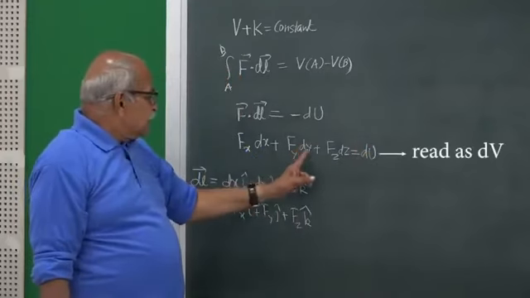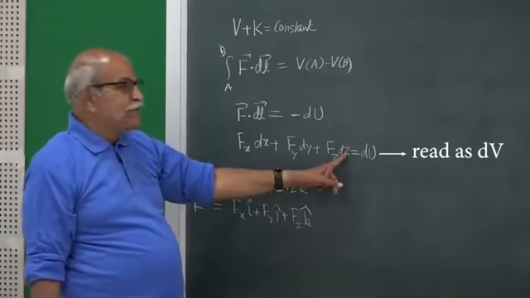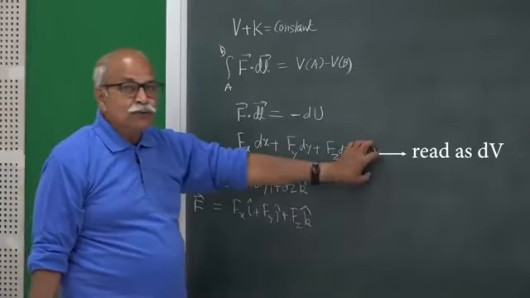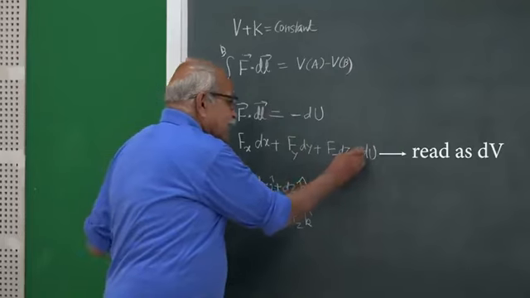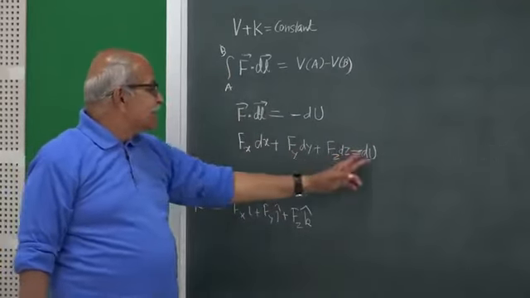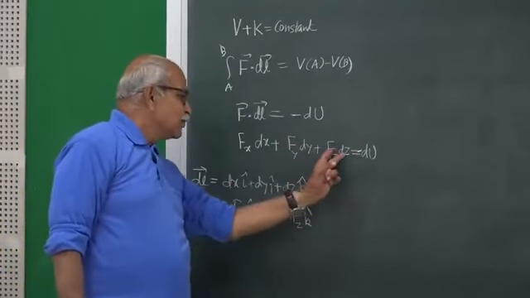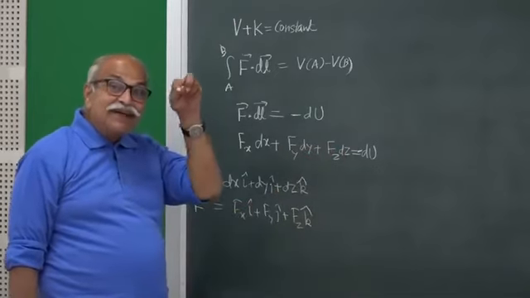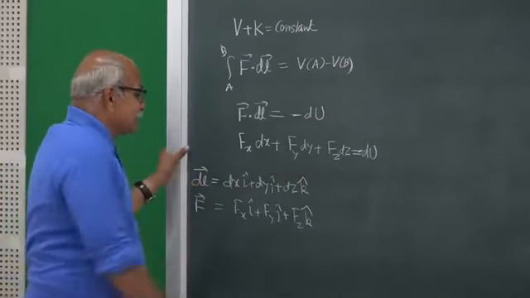Now, if you take y and z as constant, which do not change, only x changes, then you have Fx dx is equal to minus dV. That means Fx is minus dV by dx, provided dy is 0, provided dz is 0, y is constant, z is constant, and that is the partial derivative of V with respect to x.